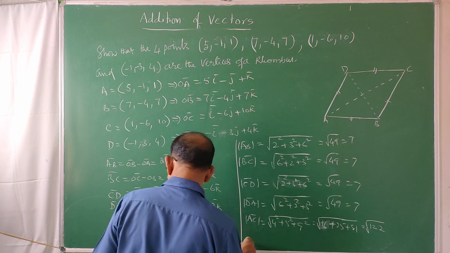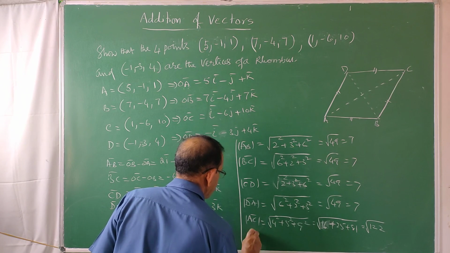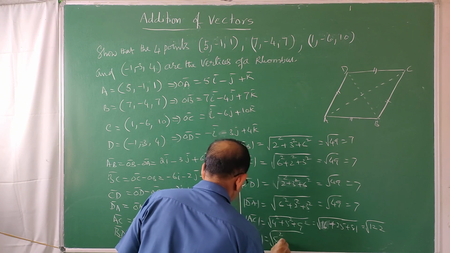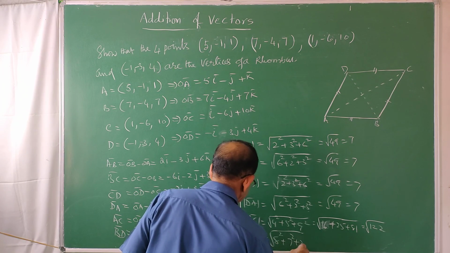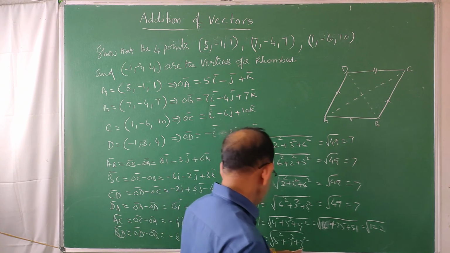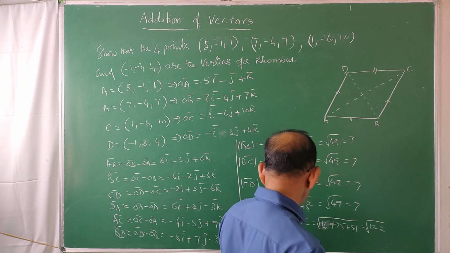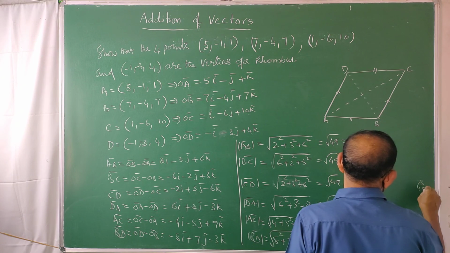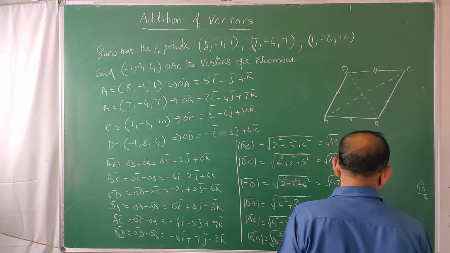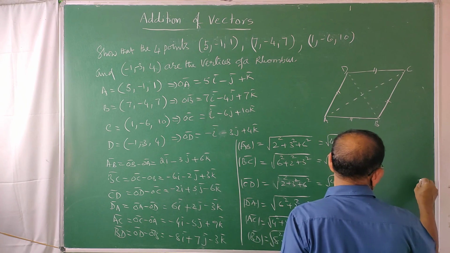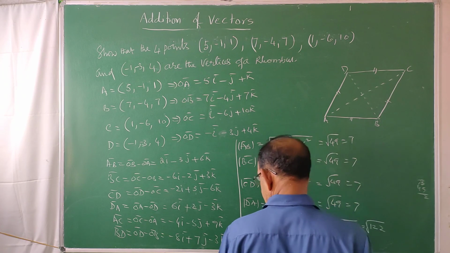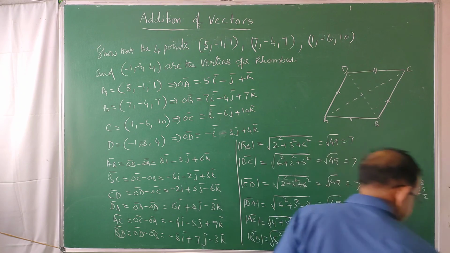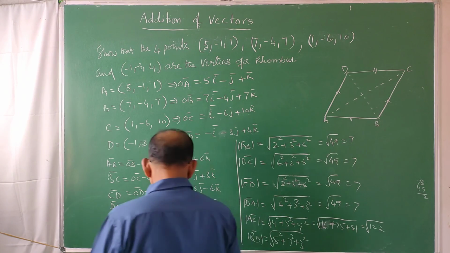Next, BD bar is 8 square plus 7 square plus 3 square, 64 plus 9, 73 plus 49, 122. So here we have to change these two also, because D changed. This is wrong.